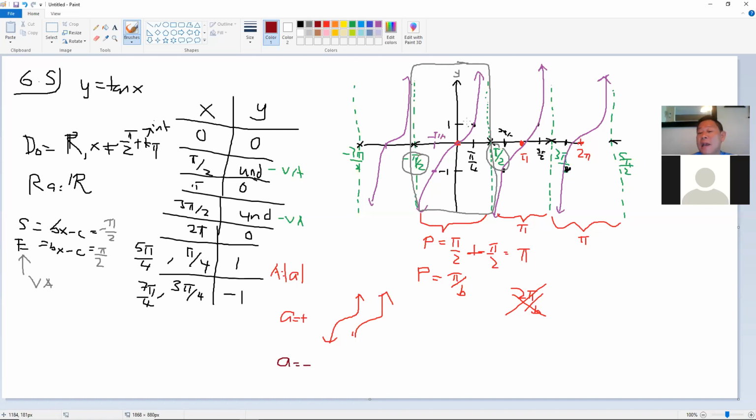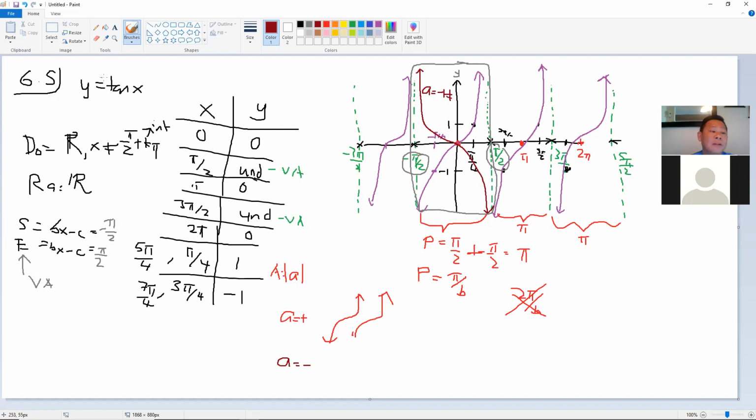When your A is negative, you do not have a cubic graph like this. You will have the reverse cubic graph. So it will look something like this, the brown line that I drew. This brown line is when your A is negative.